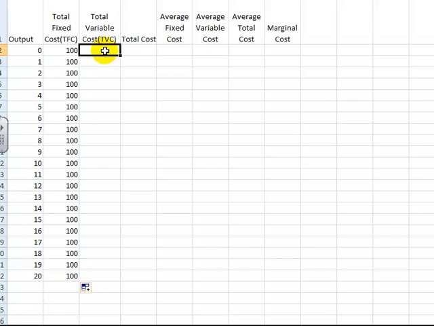Total variable cost equal to 60 times q minus 5 times q squared plus 0.7 times q cubed.